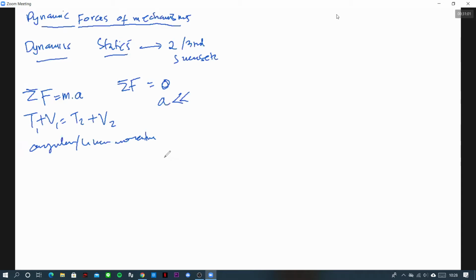Right, so in the last topic of ours about dynamic forces of mechanisms, we will analyze the force only by using the second law of Newton and Euler moment. Okay, I will erase this.